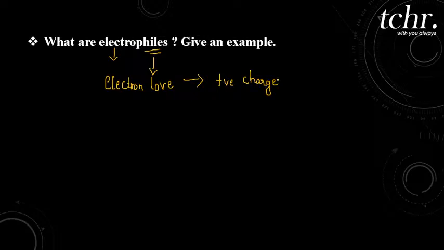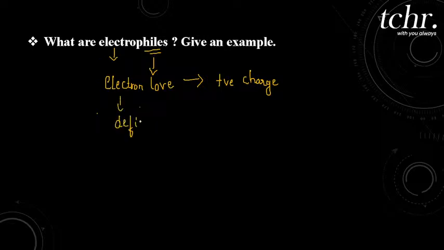So they will be having positive charge on them. Whatever I explain, you put it in proper words and write the explanation for electrophiles. Electrophiles are electron deficient species which are attracted towards electron rich centers. Understood, students?